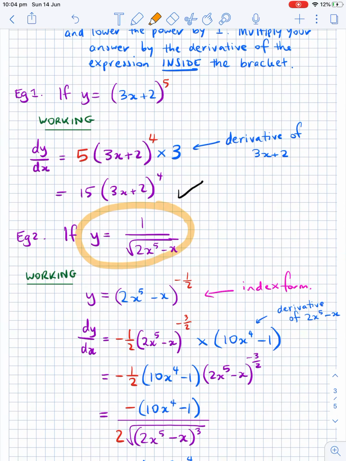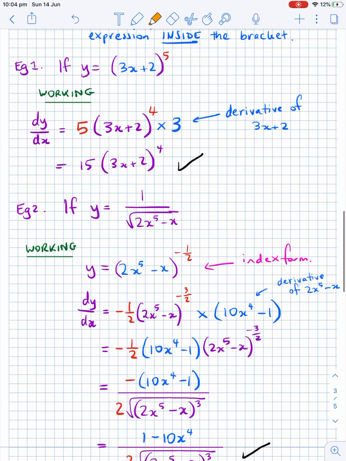Example 2, if you've got this sort of thing here, remember we want to change this to index form, so it's going to be power of -1/2 here. The idea is just bring your power to the front, make your power go down by 1, and you just have to multiply by the derivative of this bracket, which is going to be 10x to the power of 4 take away 1.